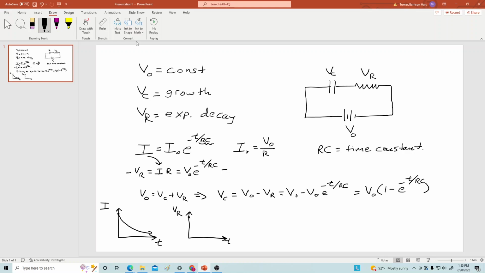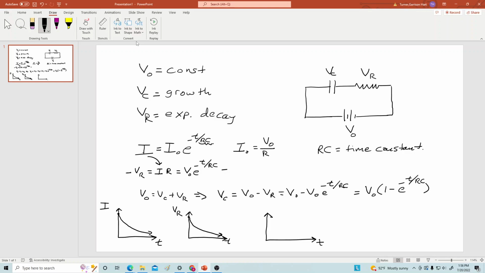It is also exponential decay, and so it follows the same rule. So the current and the potential across the resistor effectively fall down to zero. They decay down to zero.